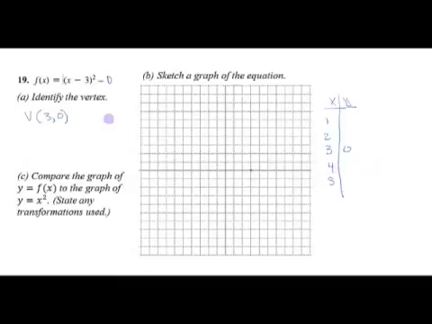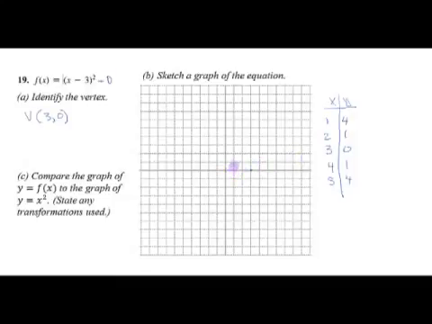If I put in a 4, 4 minus 3 is 1, 1 squared is 1. A 5: 5 minus 3 is 2, 2 squared is 4. Putting in a 2, 2 minus 3 is -1, squared is positive 1. A 1: 1 minus 3 is -2, squared is positive 4.